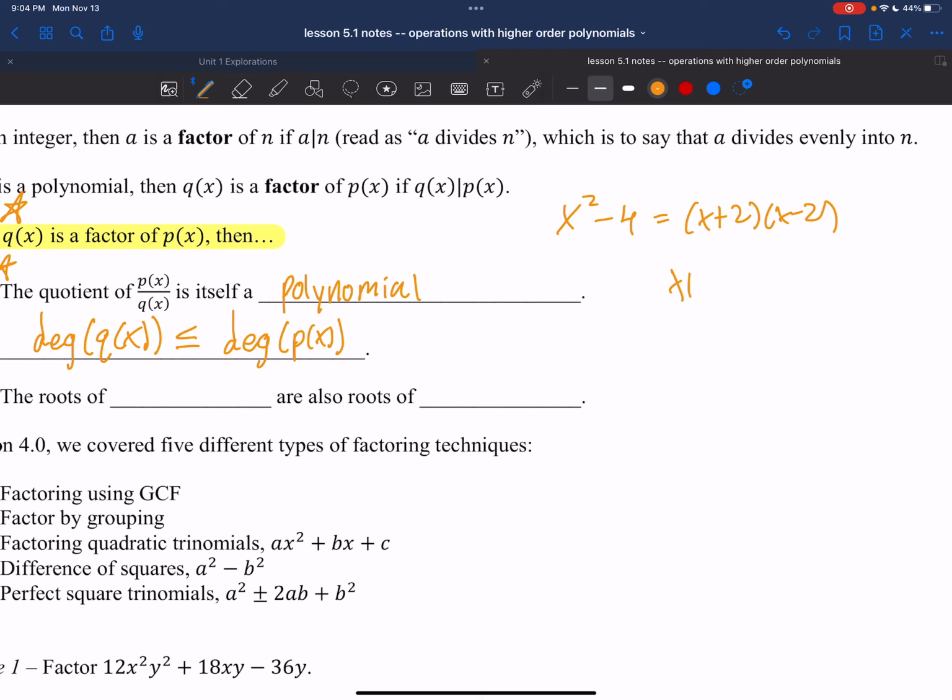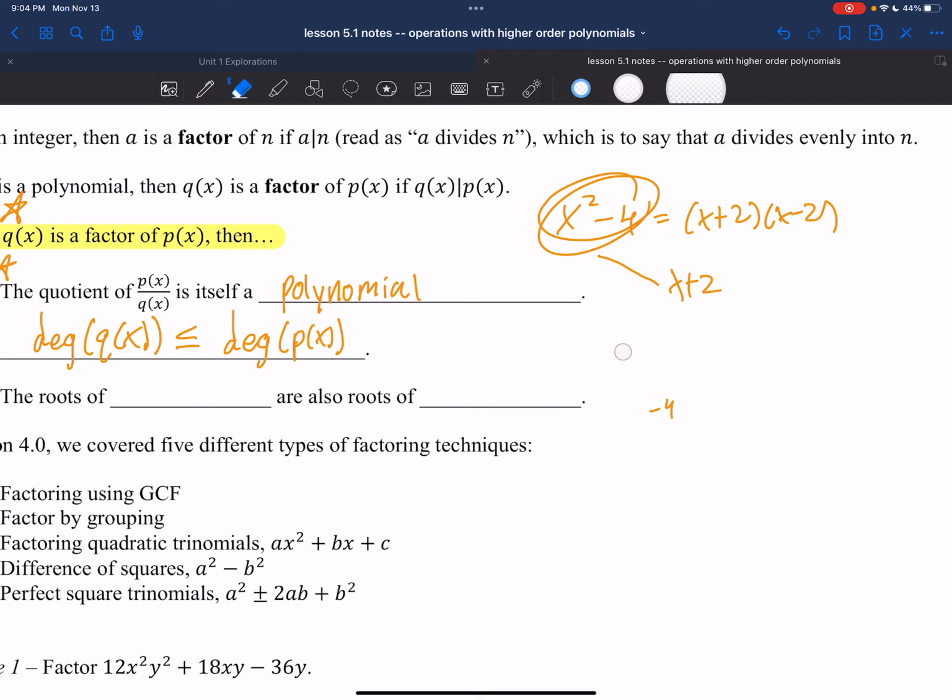That means x plus 2 is a factor of x squared minus 4. And notice the degree. The degree of x plus 2 is 1, but the degree of x squared minus 4 is 2. And so you would say that the degree of P of X, which is this guy, is greater than the degree of the dividing polynomial, which is this. Yeah?